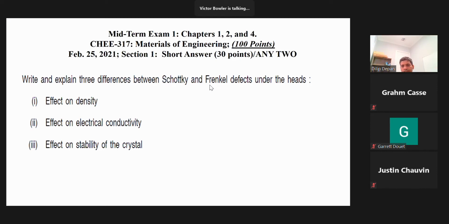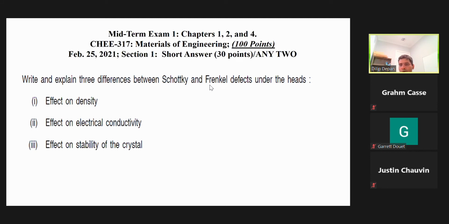Would Frenkel decrease the electrical conductivity? Well, it will not decrease the electrical conductivity. It will have less electrical conductivity than the Schottky defect. In fact, these defects will impart some conductivity in ionic compounds, because wherever any ion is missing, that is creating a hole.